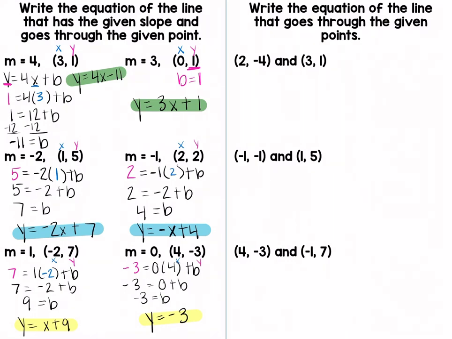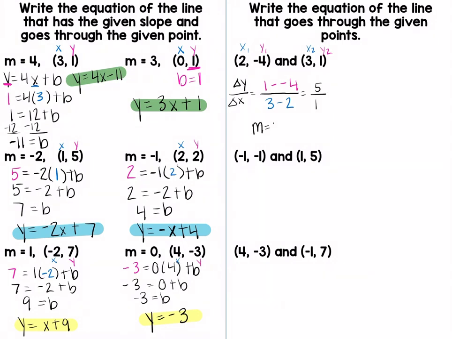Okay, so now let's say they don't give you the slope and they just give you 2 points. So the first thing you have to do is find the slope. So x1, x2, y1, y2. So we're just finding the slope. Remember, the slope is the y change over the x change. So we're going to subtract those. So 1 minus negative 4 and 3 minus 2. So that ends up being 5 over 1.